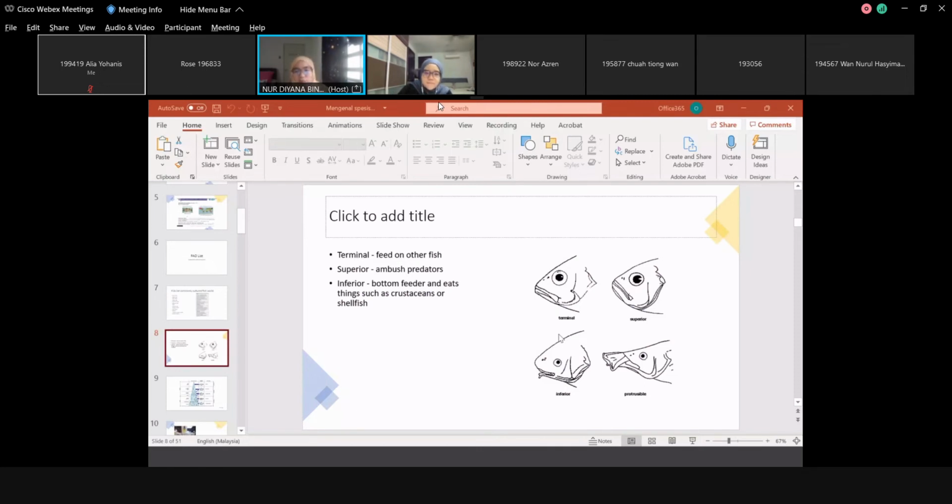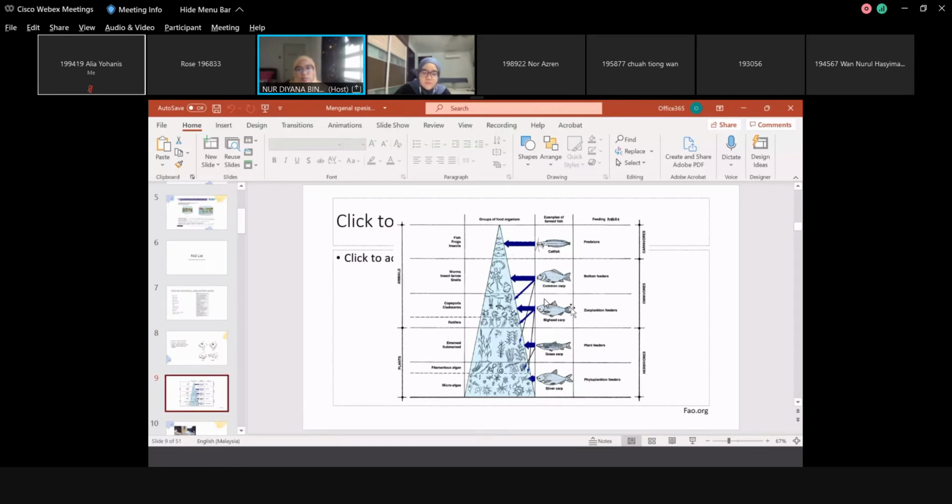Protusible, I don't see much. I think this is an example of the alligator garfish, right? So the mouth is really unique, adapted to their feeding and living environment. Okay, so example of predators, all right, bottom feeders, right?